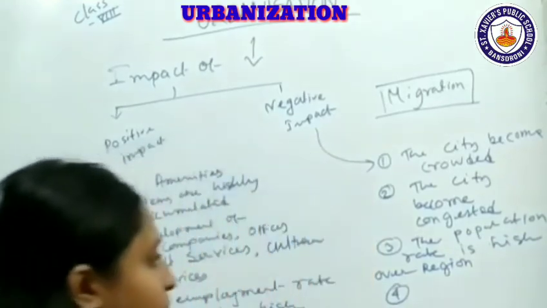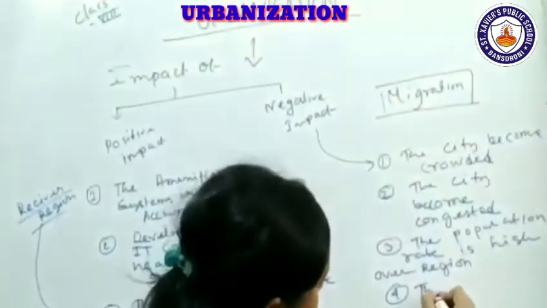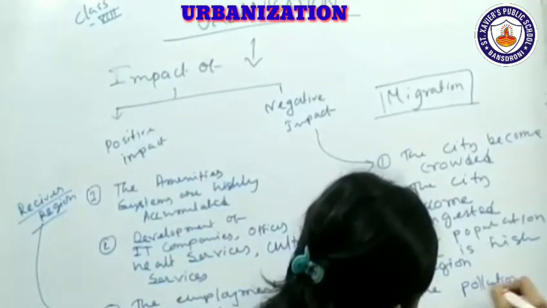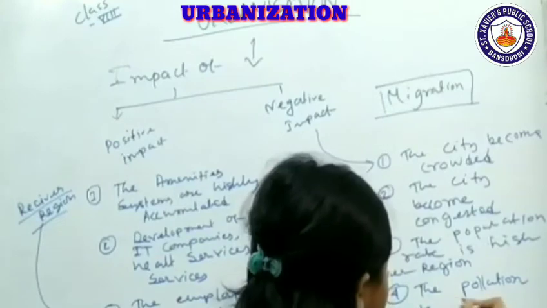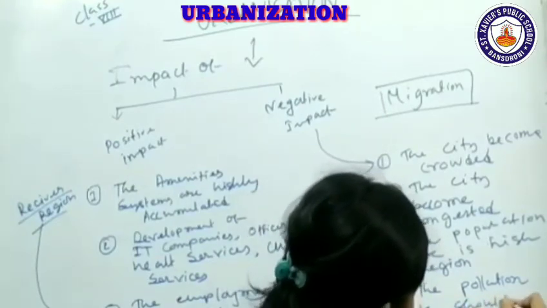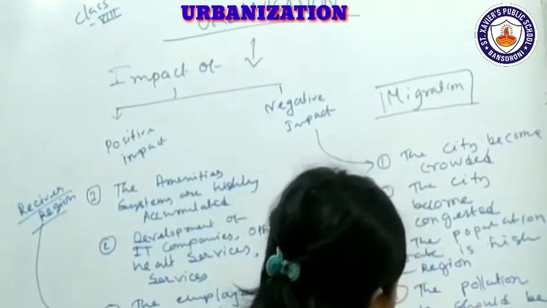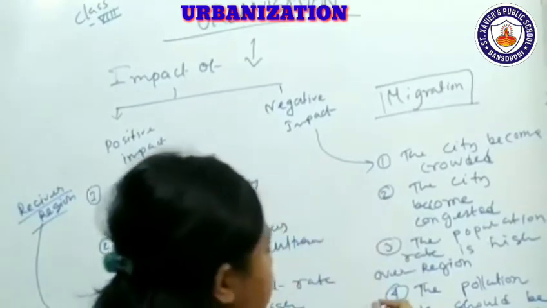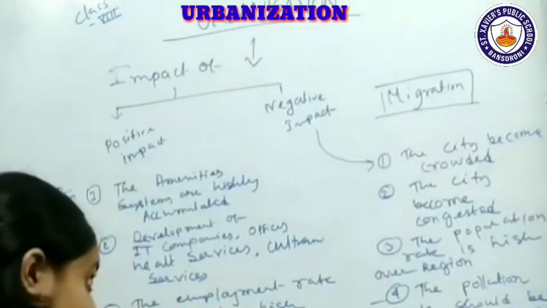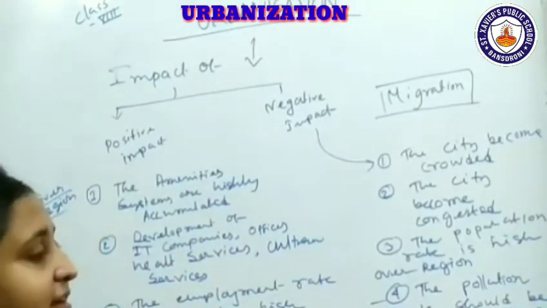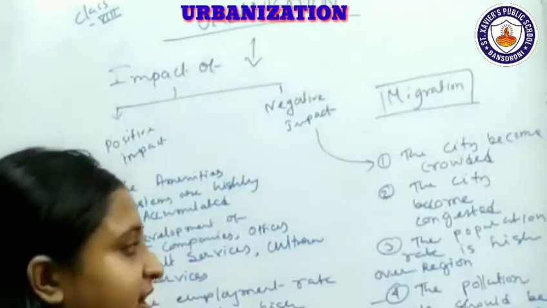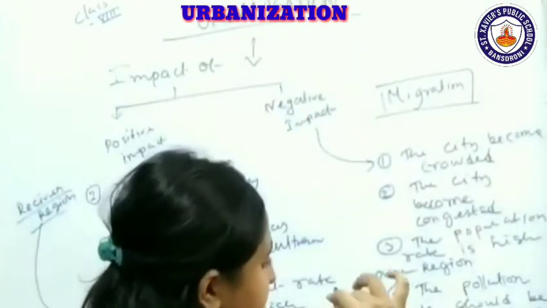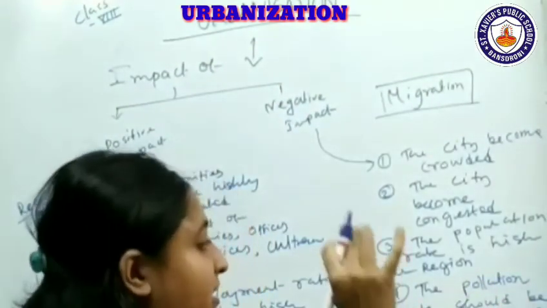And what about number four? The pollution rate should be high over the region. What are the main causes of that? If the population rate is high over that place, the emission of carbon dioxide and sulfur dioxide is high, so it results in a pollution effect.